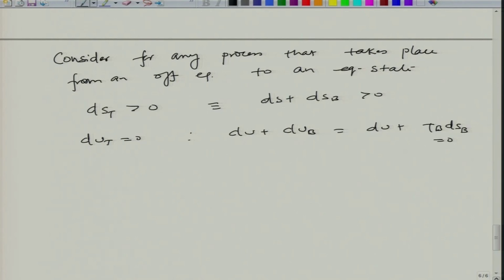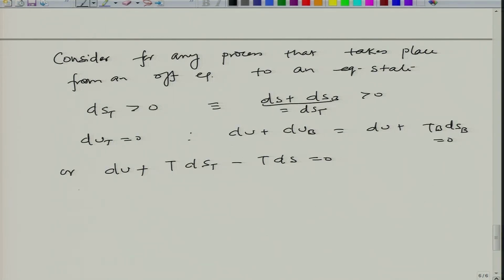Remember that. So, by definition we can now write this as du plus T dSB, which can be written as T dSB minus T dS, and this is equal to 0, because we are considering temperature to be constant here.